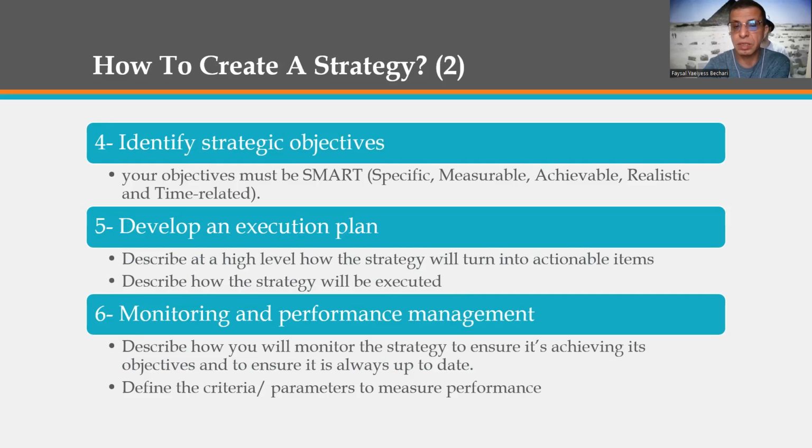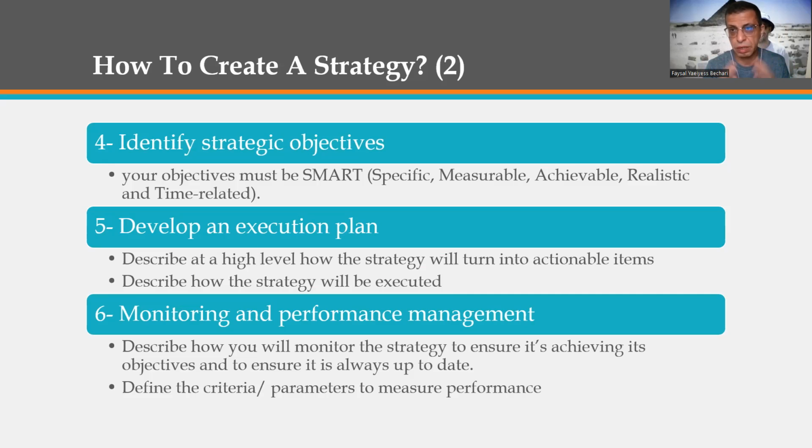The sixth one is monitoring and performance management, or KPI. Describe how you will monitor the strategy to ensure it's achieving its objective and to ensure it will always be up to date. Now, define the criteria and the parameters to measure this performance.